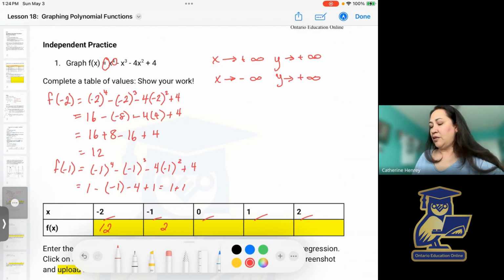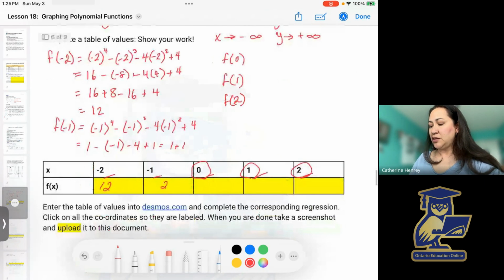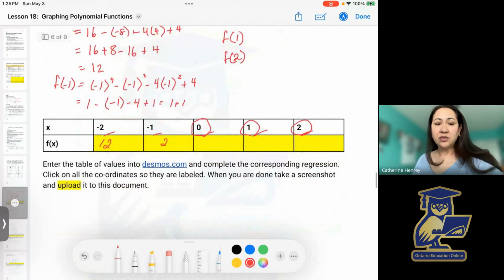So go ahead and do the substitution for the last 3 values. So you want to evaluate f at 0, you want to evaluate f at 1, and you want to evaluate f at 2. Once you have that in your table of values, go ahead and go back to Desmos, fill in your table, do the corresponding regression.